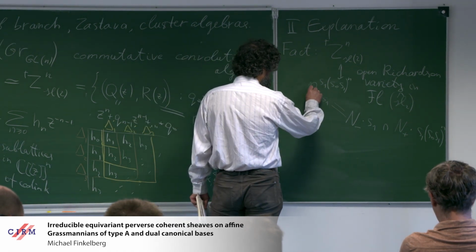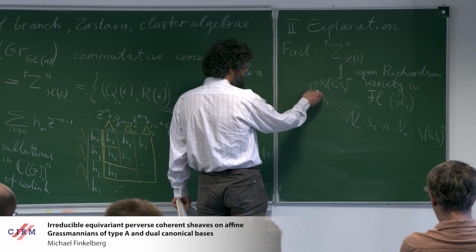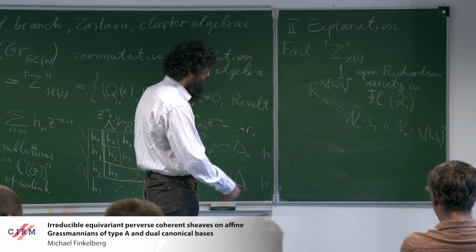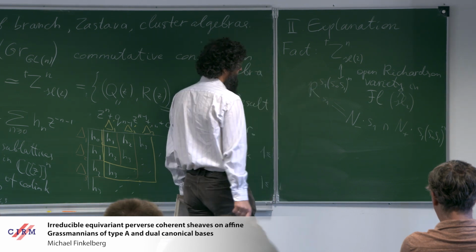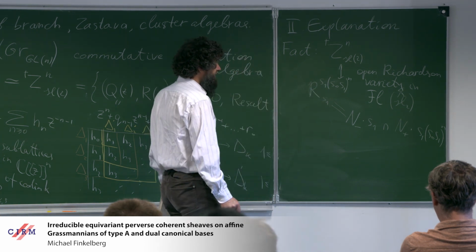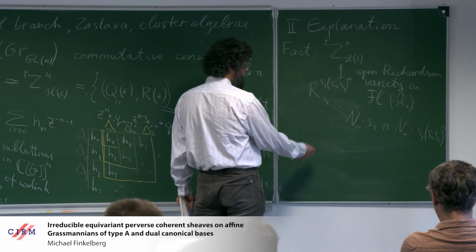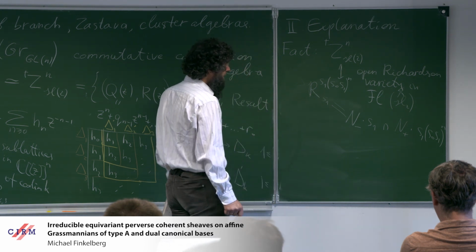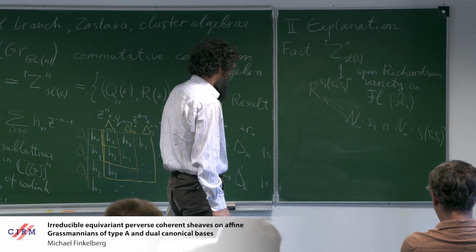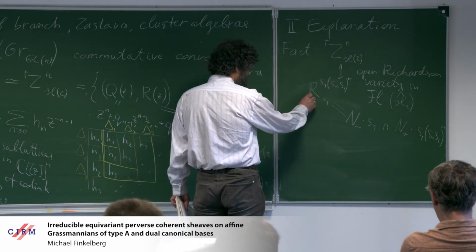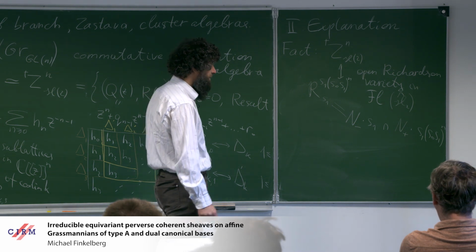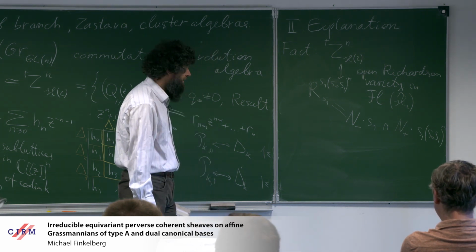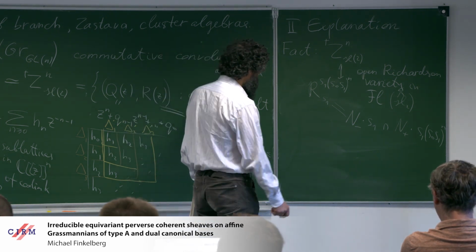Now these open Richardson varieties were studied a lot, from the very beginning, in the framework of cluster algebras, and they usually do carry some cluster structure. The initial cluster in the favorable situations consists just of some generalized minors, and this is the case here.